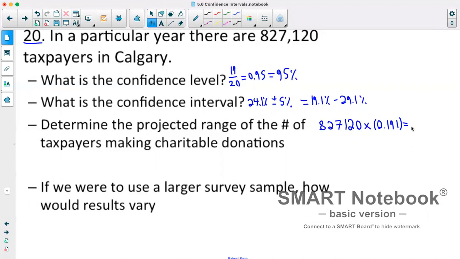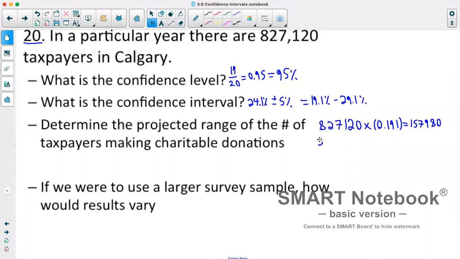And that gives us 157,979.92. So we're going to round that because it doesn't make sense to have part of a person paying taxes. So we'll round to the nearest one. So that would be our lower amount.